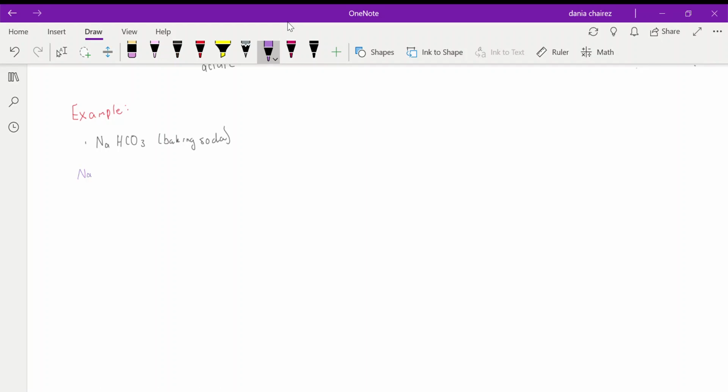We have our Na plus and HCO3 minus. So these are conjugates, and our Na, we usually think about it as coming from NaOH, and HCO3 from H2CO3, which is carbonic acid, which is a weak acid. So if we have a strong base and a weak acid, would this salt be acidic, neutral, or basic?